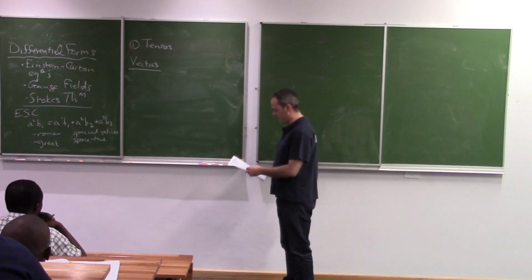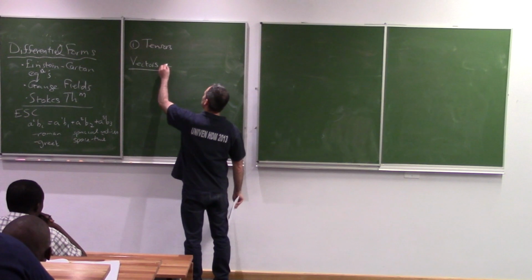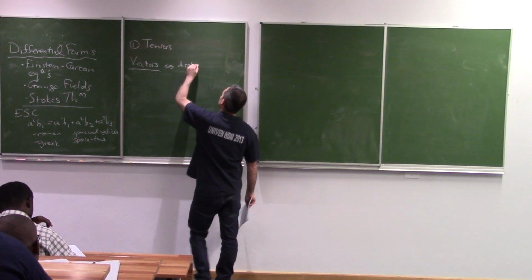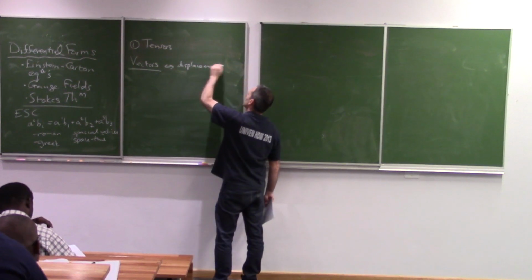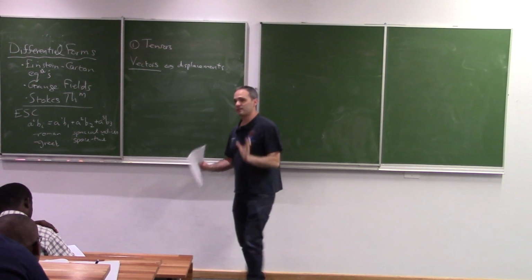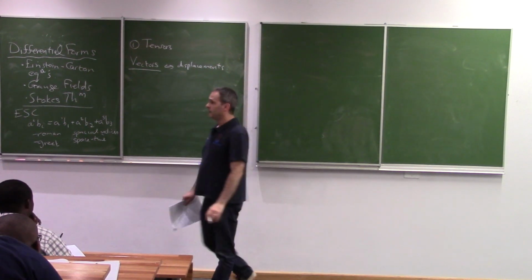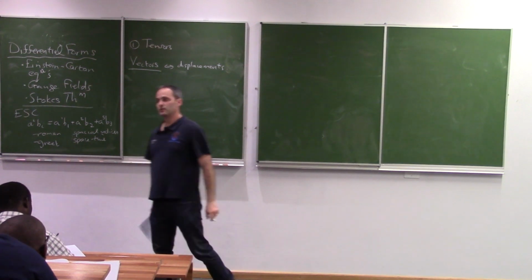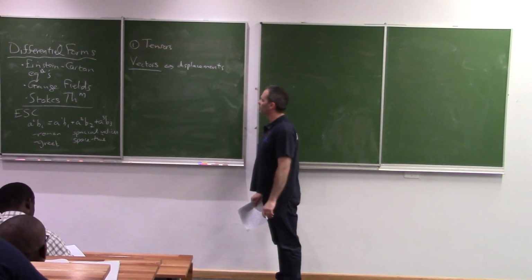We're going to think about vectors as a generalization of the concept of displacements. And once again, in this lecture I'm just going to talk about special relativity, and in the next lecture I'll generalize things to curved manifolds and curvature. Good.